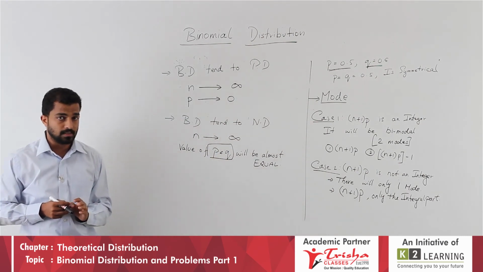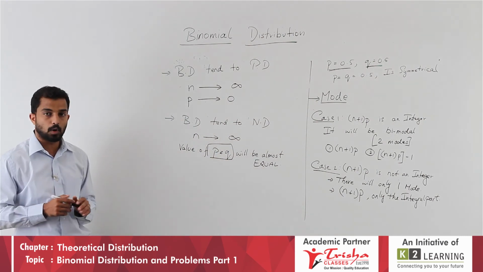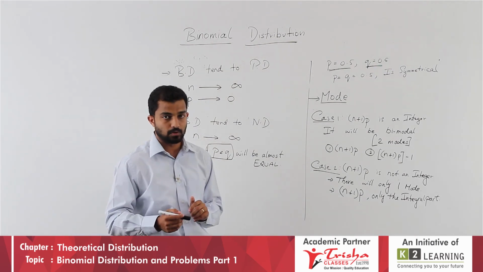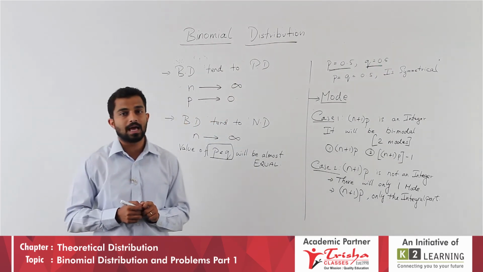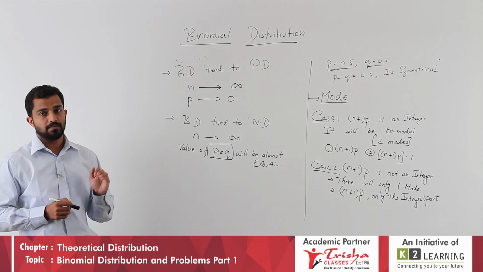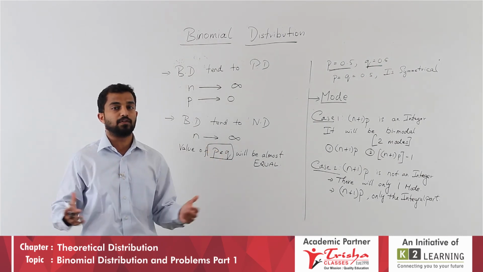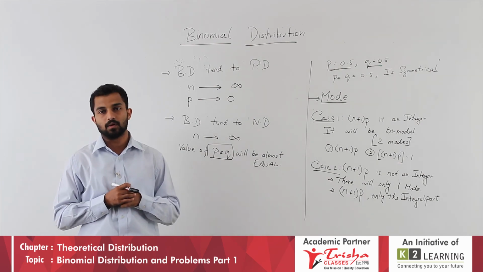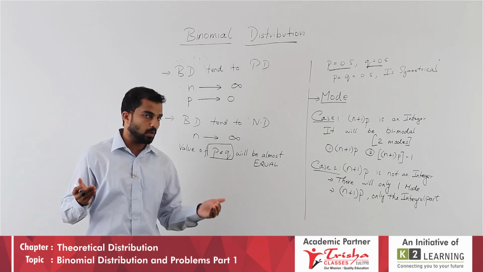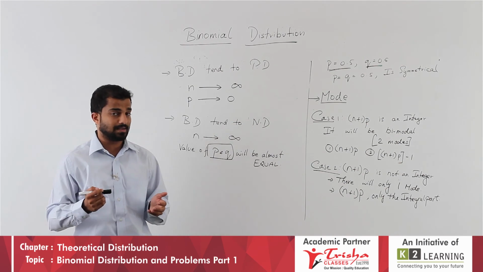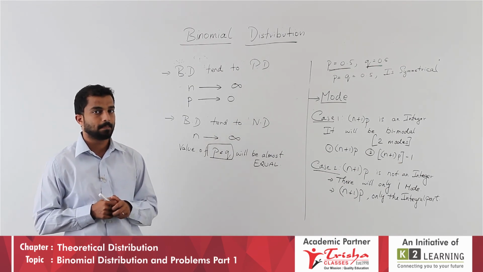So understand students, these were all the various properties of binomial distribution. Apart from this, you will have one more property to be known, that is, what if total frequency is asked to be found out. Total frequency we know in frequency distribution. What is the letter to represent total frequency? Correct.